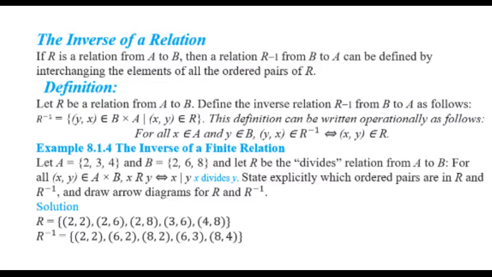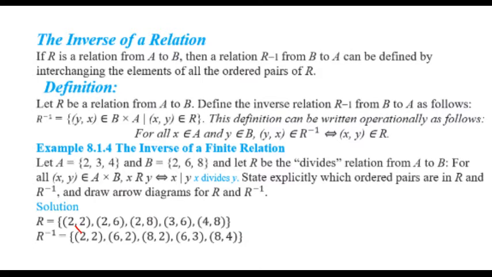So as a result, we can conclude that R inverse has the same number of elements. Why? Because every ordered pair in R corresponds to another element in R inverse. Basically, we need to reorder that ordered pair to get the corresponding element in R inverse. So as a result, we can say the following elements are in R inverse. (2, 2), correct?